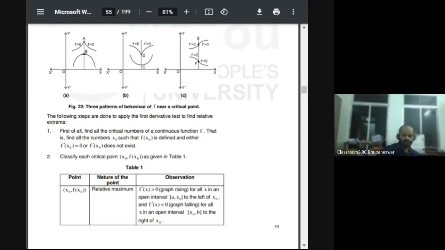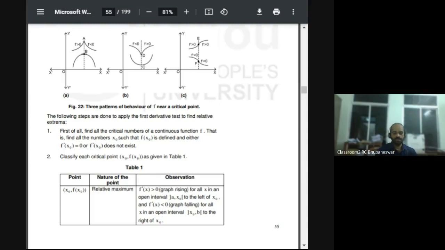Similarly, if we analyze the second figure, now look at the point C. At exactly that point C, if we calculate the tangent, clearly you can see that the tangent will be parallel to the x-axis. So we can conclude that when a tangent is parallel to the x-axis, the derivative of the function at that point will be 0, a critical point.